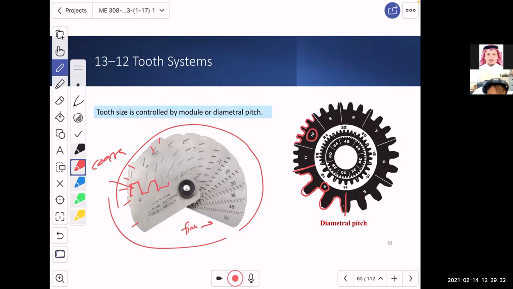This is 26. This is 80. I think you got what I'm talking about. So this gauge is very interesting. It will simply match the teeth system that you have, the number.